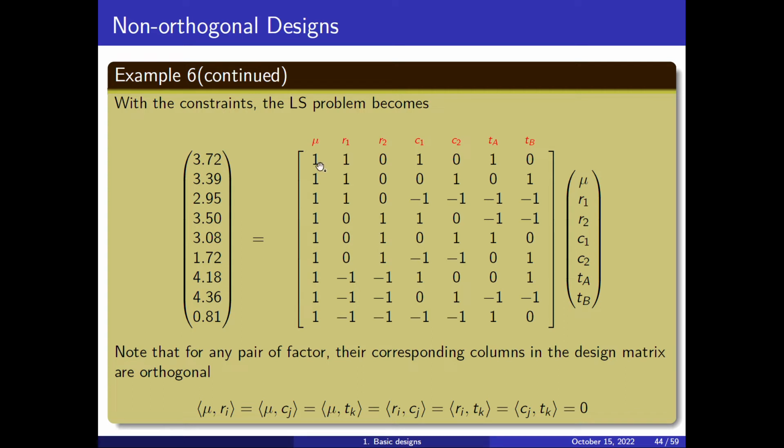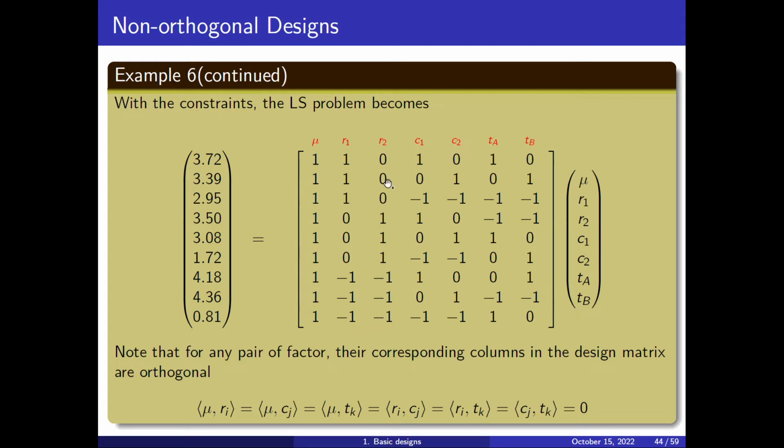So the inner product between these two is 1 times 1 plus 1 times 1 plus 1 times 1 plus 1 times 0, and so on. You add all these multiplications and what you get is 0. So mu times R1 is 0, mu times R2 is also 0, mu times C1 is 0, mu times C2 is also 0. So all of them are 0, as long as you are in a different factor.